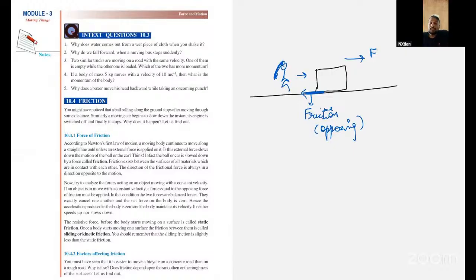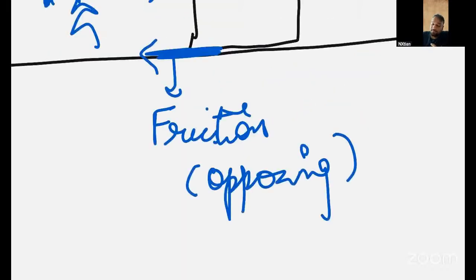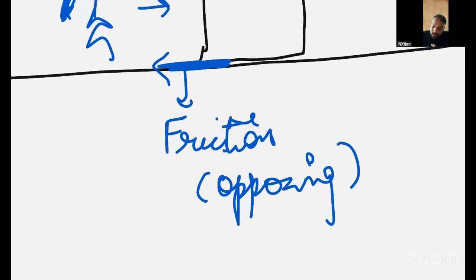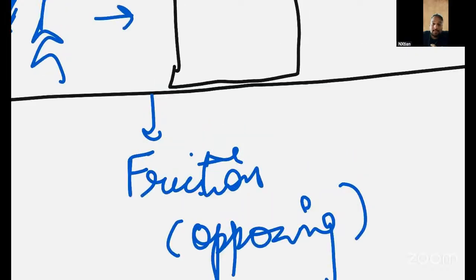Friction is basically working when two contact things are there. Two things should be in contact. For example, if I zoom into this, why is the friction working? Right now it looks smooth to normal eyes, but really it is not smooth.